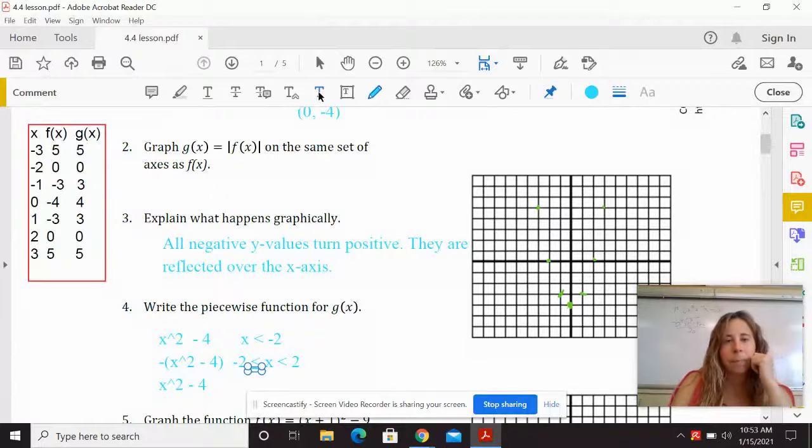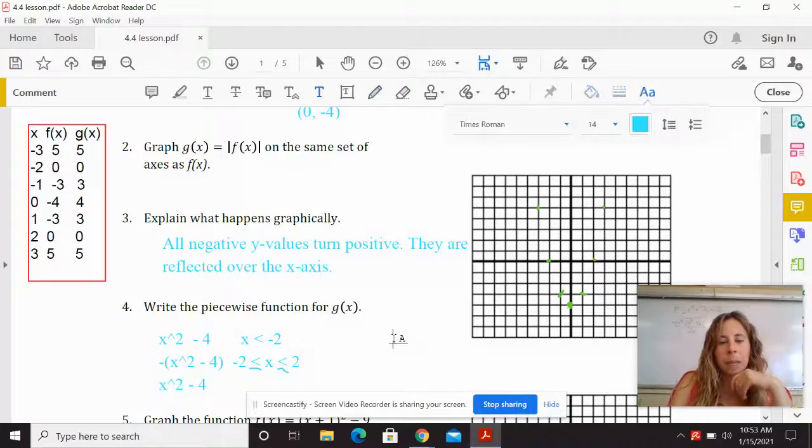Actually, I'm also going to put it here. Oops. Sorry, it got away from me. That's my equal sign. So once again, it can either be equal to -2 here or here, but not both.